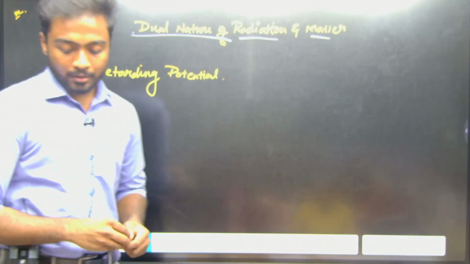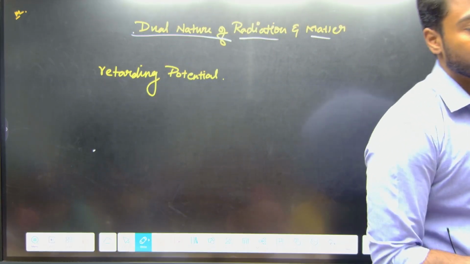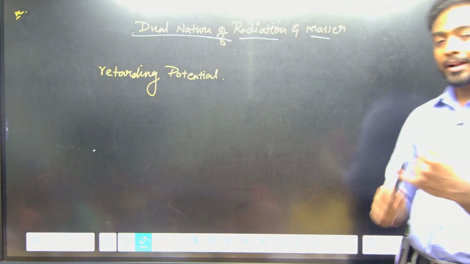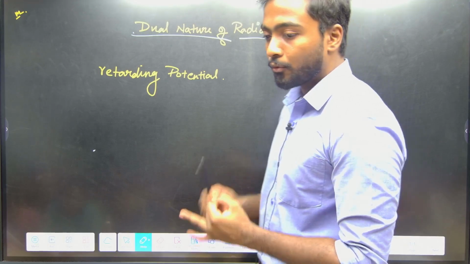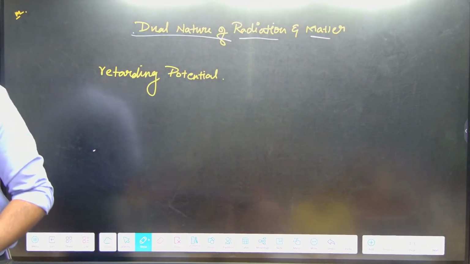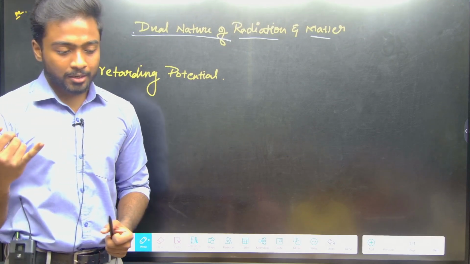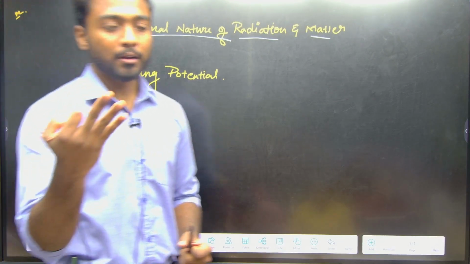Or else it is called cutoff voltage, or else stopping potential. So three are the same only: retarding potential, cutoff voltage, stopping potential.